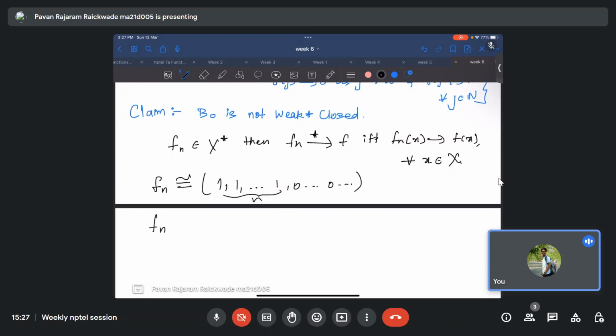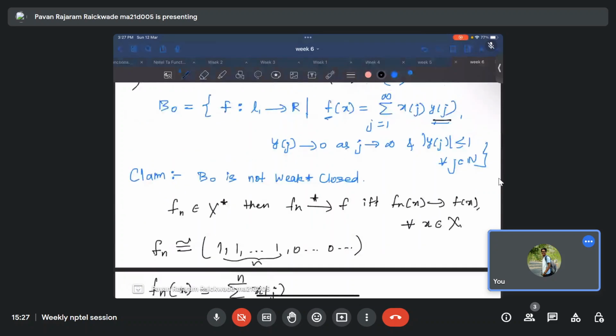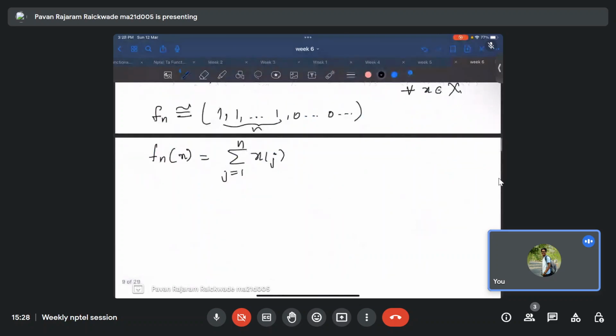That means Fn at x equals the summation of xj, j going from 1 to n, where yj is replaced by 1 from 1 to n, otherwise 0. These are linear functionals Fn, and you can see these Fn's belong to B naught.